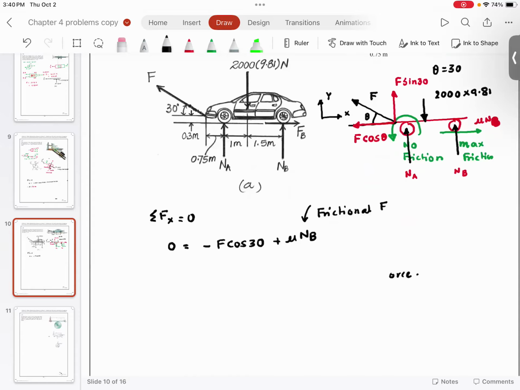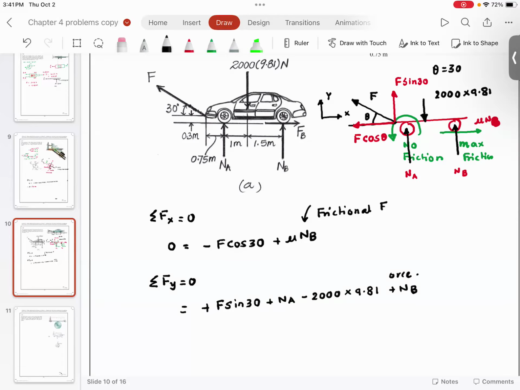Then we apply summation of forces in the y direction equal to 0. In the y direction you are going to have plus F sine 30, plus NA, minus 2000 times 9.81, and plus NB. So you have F sine 30, NA, and NB.